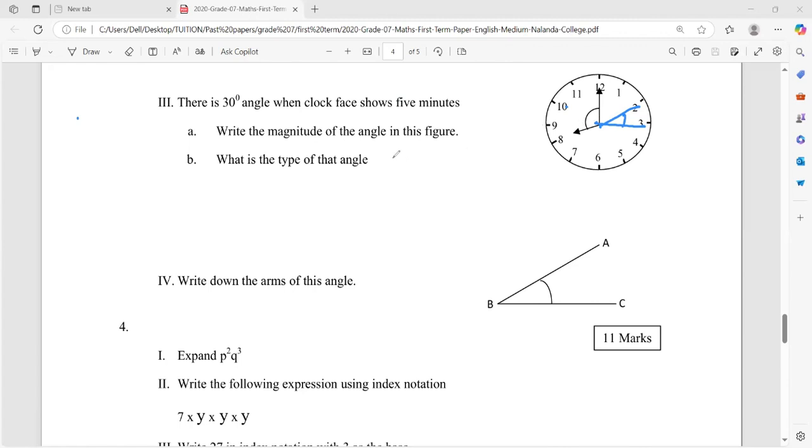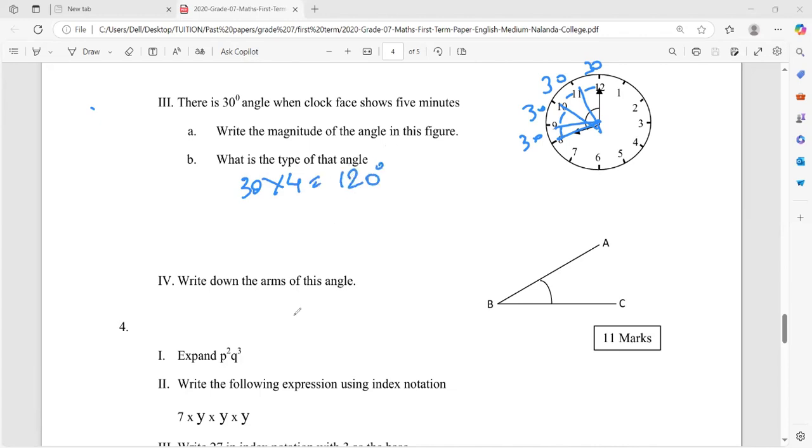Therefore, what is the magnitude of the angle in this figure? In this figure, we have how many gaps? Here we have 1, 2, 3, and 4. So that means 30, 30, 30, and 30 degrees. That means 30 into 4, which is equal to 120 degrees.